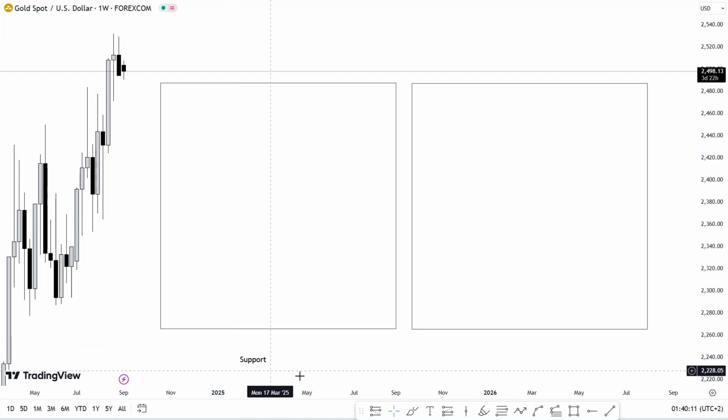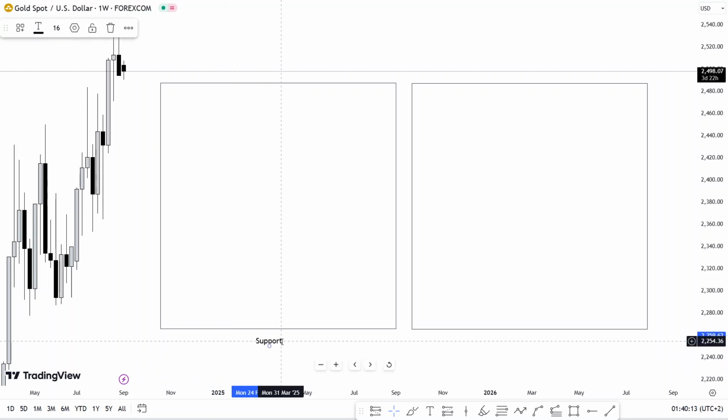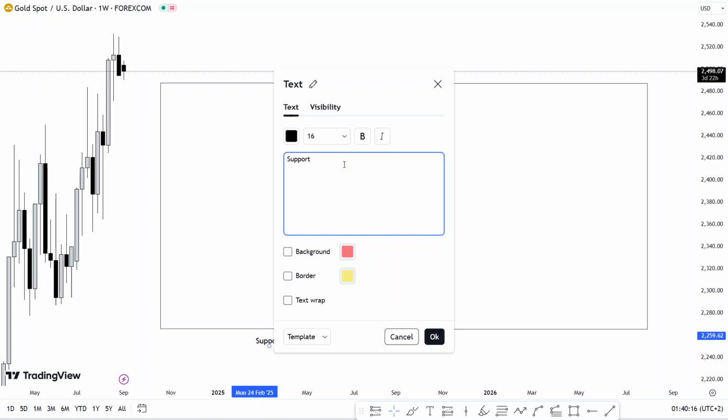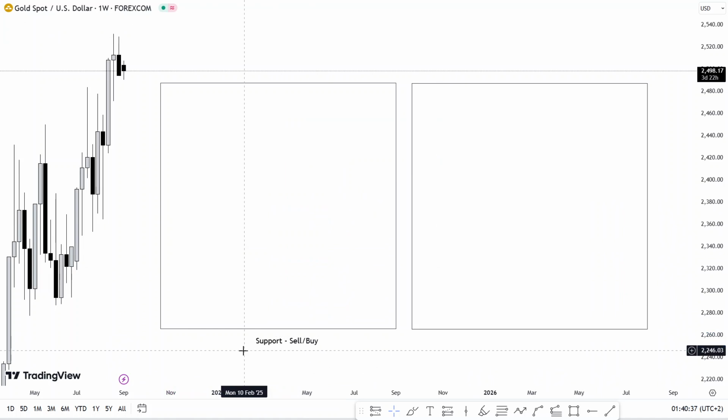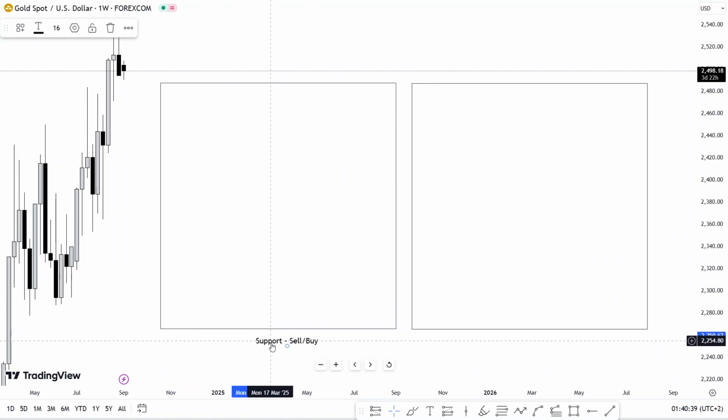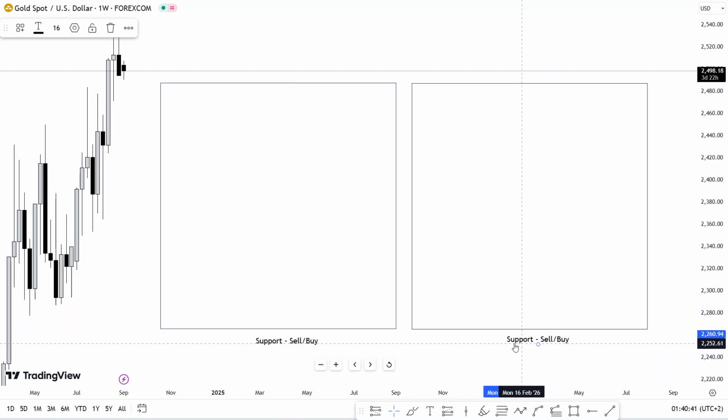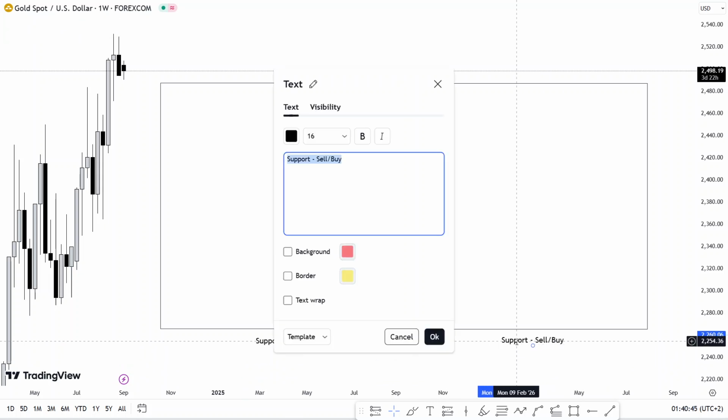For an area of support, you'll be focusing on a sell, which is followed by a buy candle, right? This is what you'll be looking at. And then your resistance is basically the opposite.